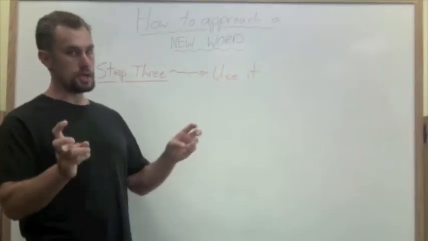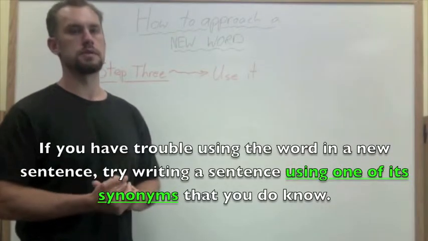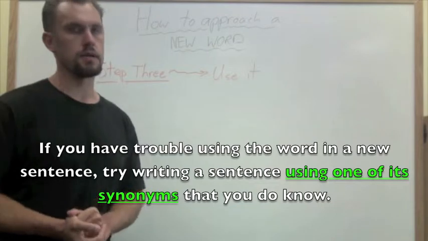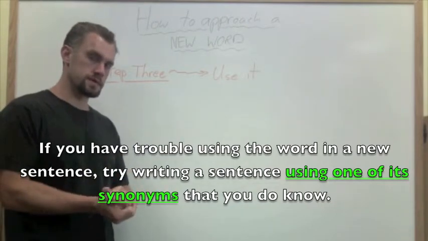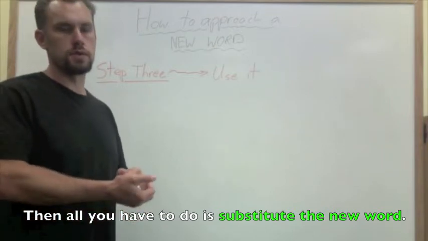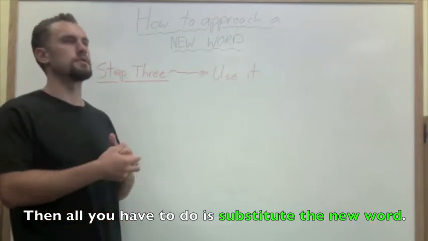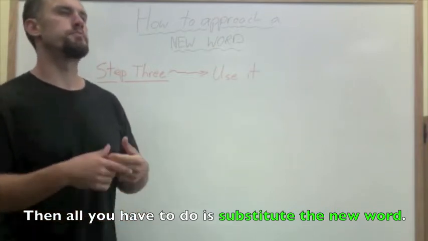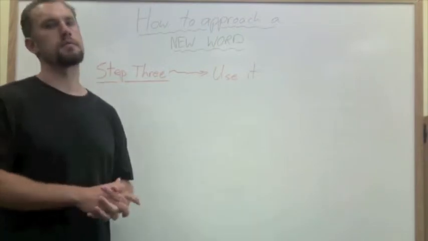A good way to cheat or a trick would be to use one of the synonyms that you found. If you can use one of those synonyms in a sentence comfortably, then all you really have to do is substitute the new word. If you can do that, then you have a possibly better understanding of the word.